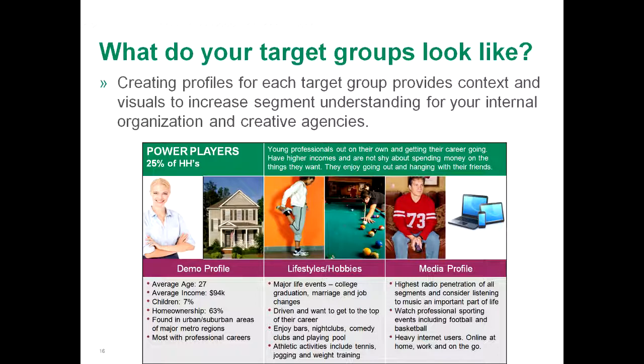Communication based on their segment, and what you know about that segment, is a tremendous way to increase the efficiency of your marketing and the relevancy of your communications.